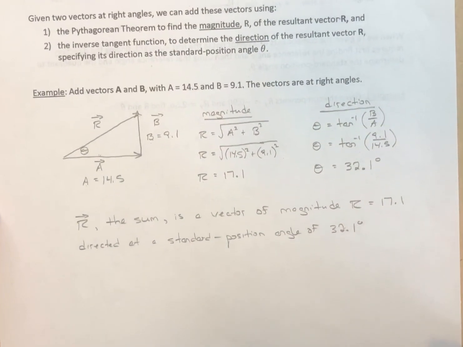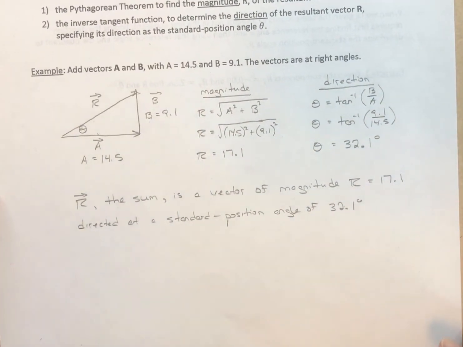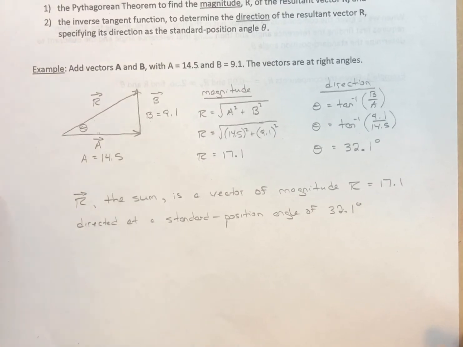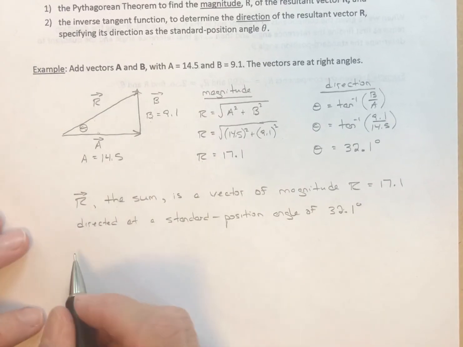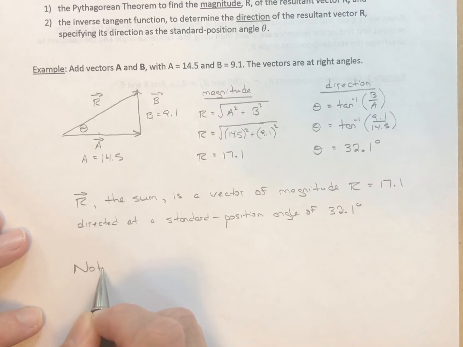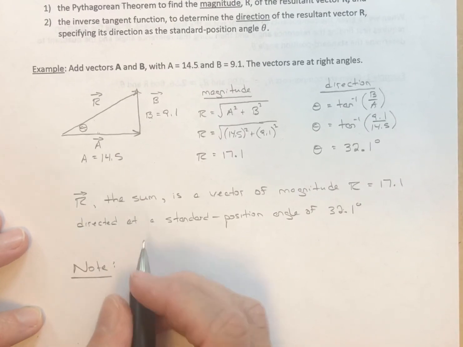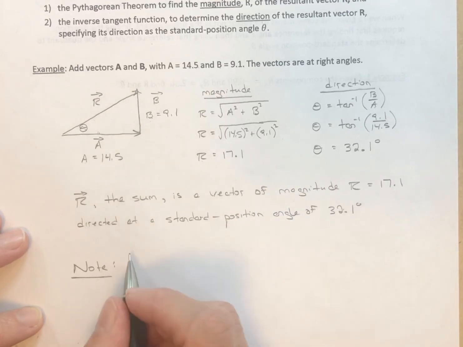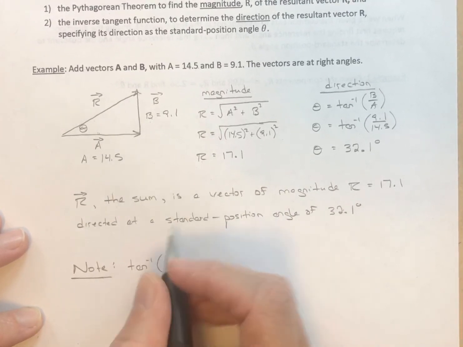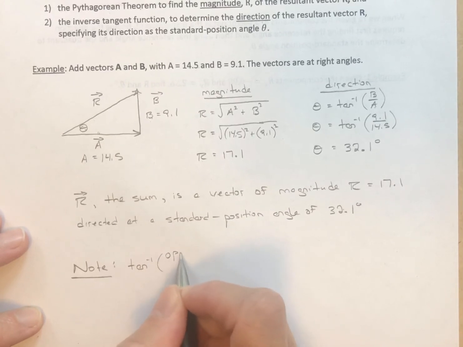From a vector addition standpoint, that's about as simple as it gets. I want to make one note here because we're going to make use of this. Note, the inverse tangent of the opposite over the adjacent.